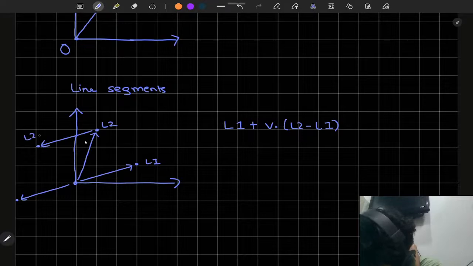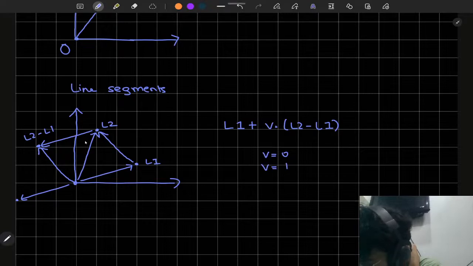So this is L2 minus L1, and if you take a fraction of that, you either take 0% of it, which means v is 0, or you take 100% of it, which means v is 1, or it can be anywhere in between.